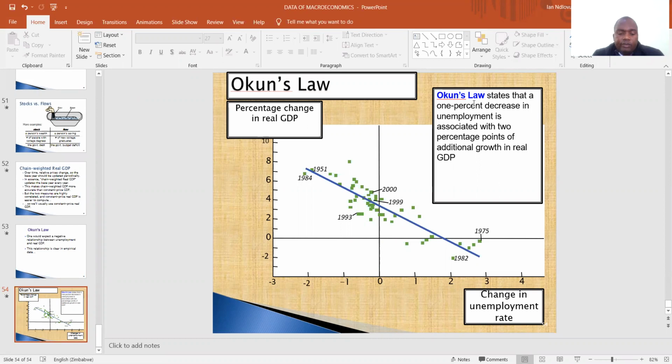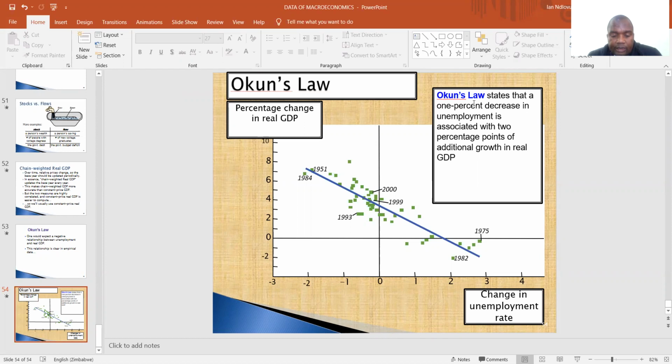According to Okun's law, a 1% decrease in unemployment is associated with 2 percentage points of additional growth in GDP. In other words, a reduction in unemployment by 1% is associated with an increase in GDP by 2%.